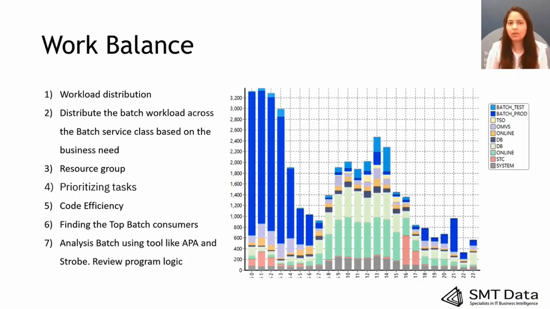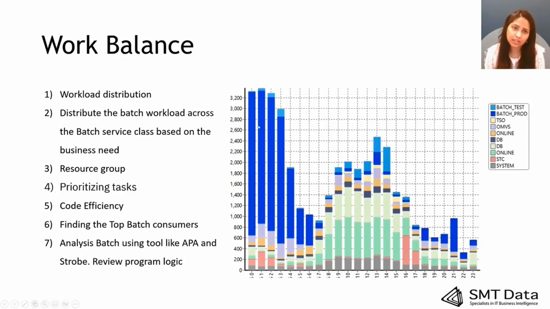There's nothing wrong in keeping all the workload in one service class, but we have to make use of the algorithm of the WLM. So we have to give the less priority batch into batch test and high batch into batch high. So balance your workload based on your priority and SLA.